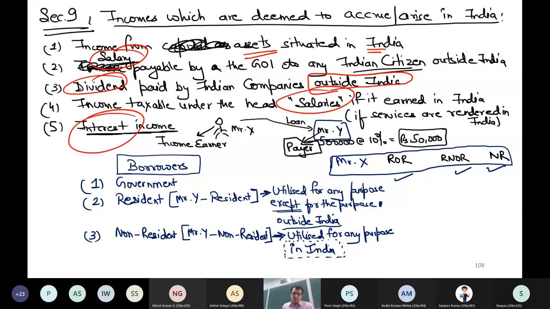So in my example, the point was dividend received from an Indian company. It was not mentioned where it is received, so I cannot judge exactly where it is received. But my question to you is, it does not matter where it is received. If you assume that it is received in India, still it becomes taxable for everyone. If you assume that it is received outside India, still under Section 9 it becomes taxable for everyone.